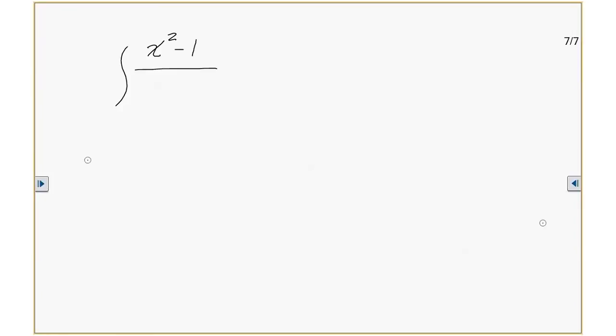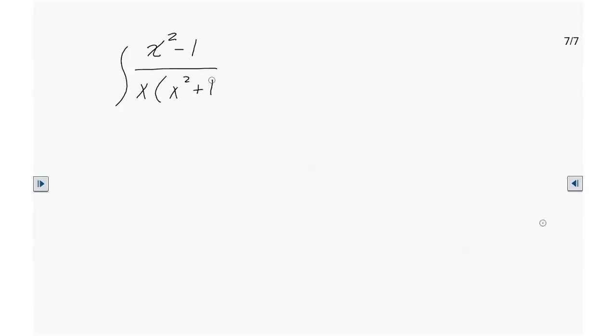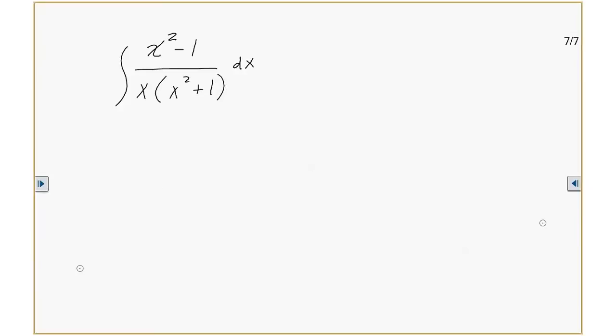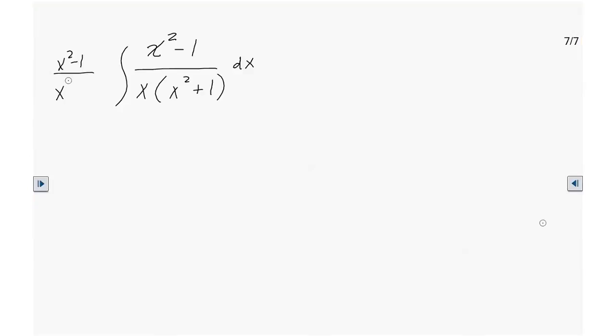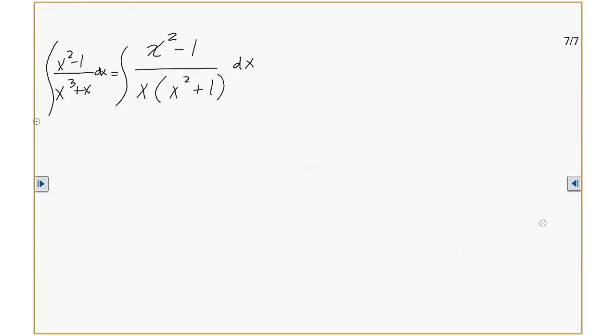Antiderivative of x squared minus 1 over x times x squared plus 1. Now, right quick, you need to write down what this would look like on a test. It would look like x squared minus 1 over what? x cubed plus x. Okay, now go back to the first page of notes. And what do you do if you have a quadratic?